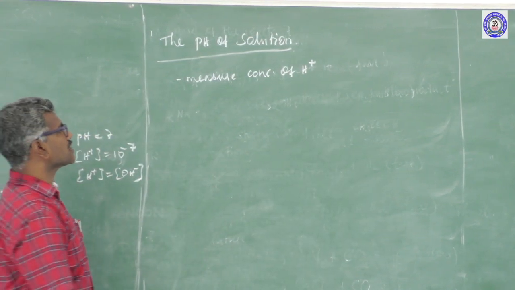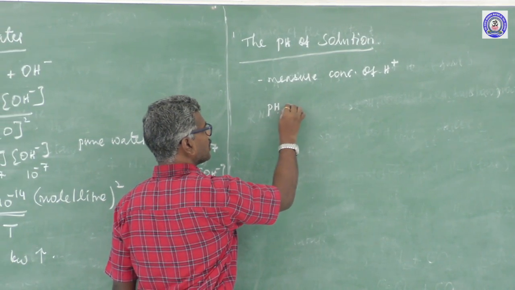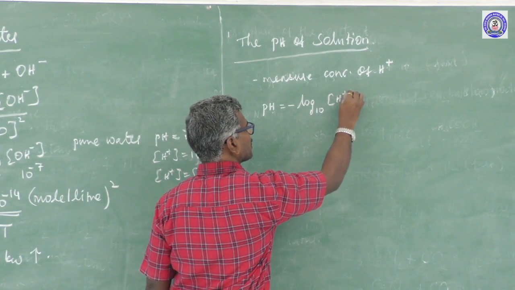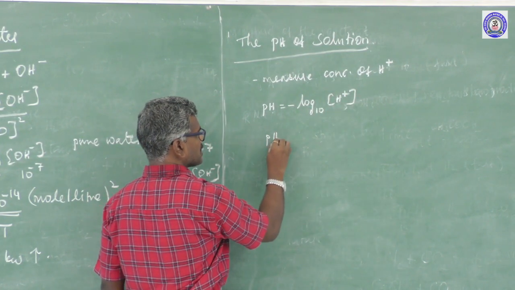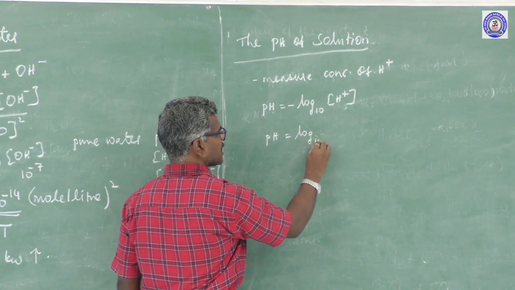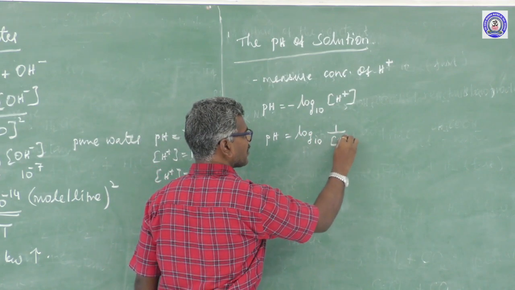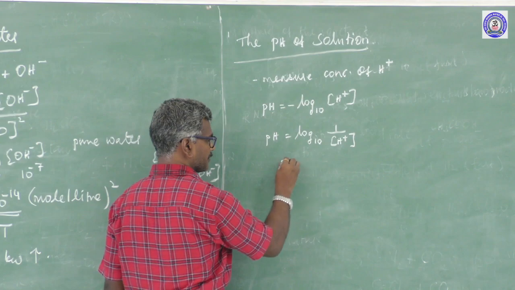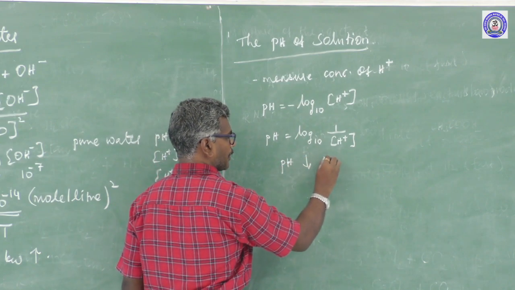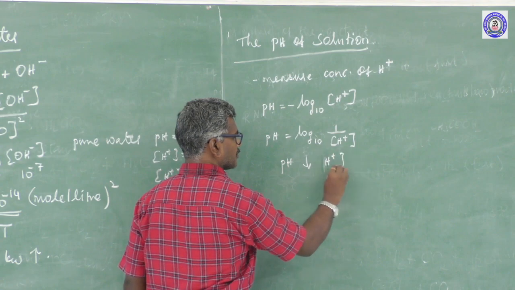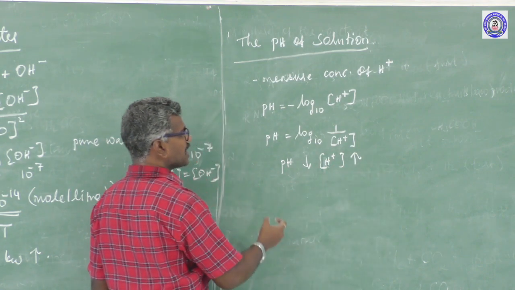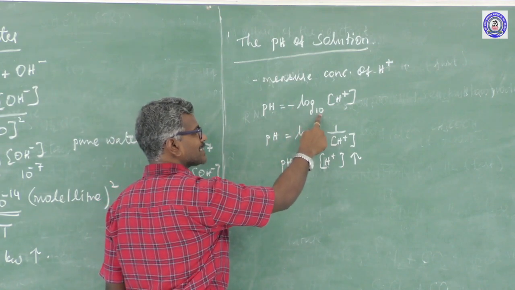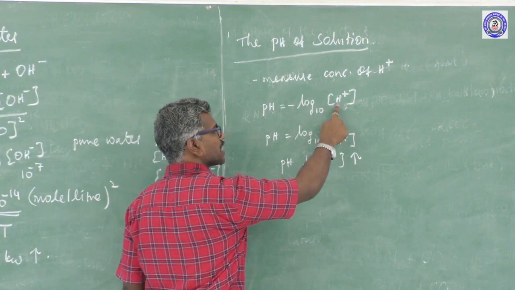This is called the pH of the solution. pH is equal to minus log base 10 of the concentration of H plus. pH is equal to log base 10 of 1 by the concentration of H plus. If the concentration of H plus increases, the pH value decreases. What is the definition for pH? pH can be defined as the negative base 10 logarithm of the concentration of H plus ion.